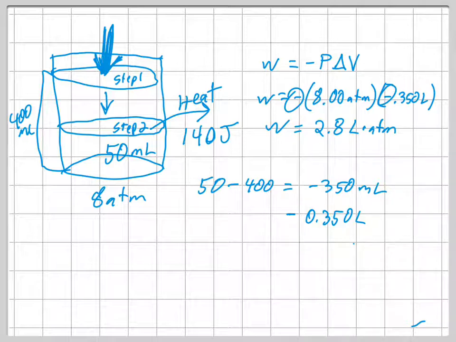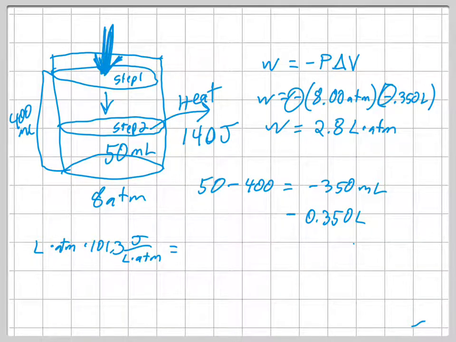But that's not the right unit, because we need joules so we can compare the energies. There is a conversion factor from liters atmospheres to joules: times 101.3 joules over liters atmospheres will give us the energy in joules.